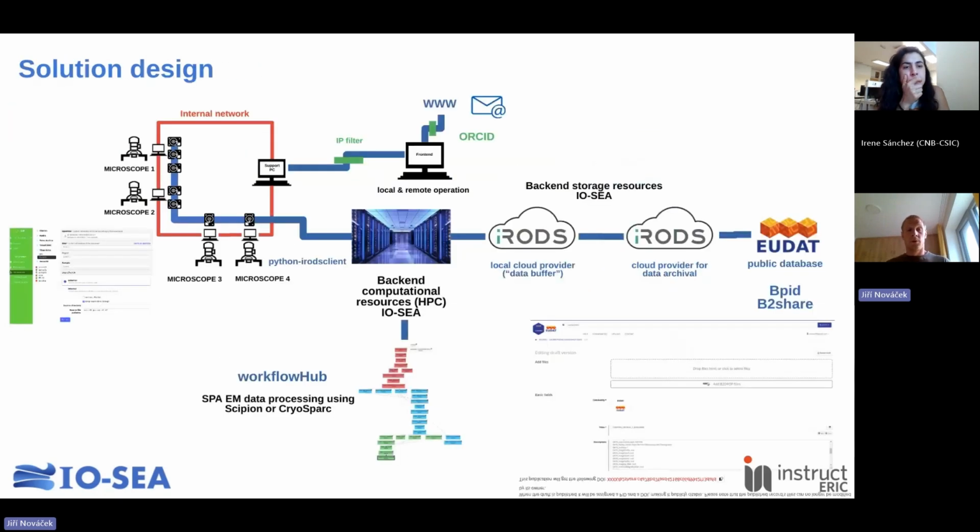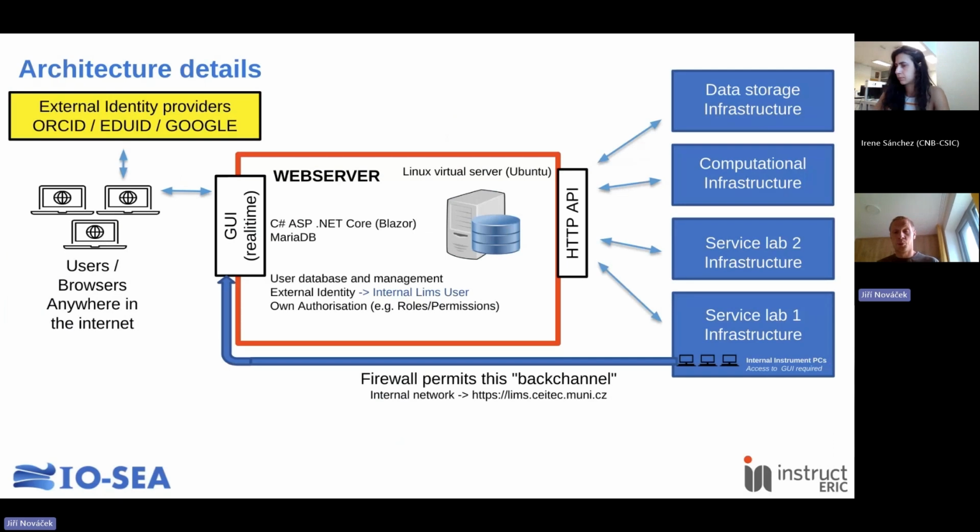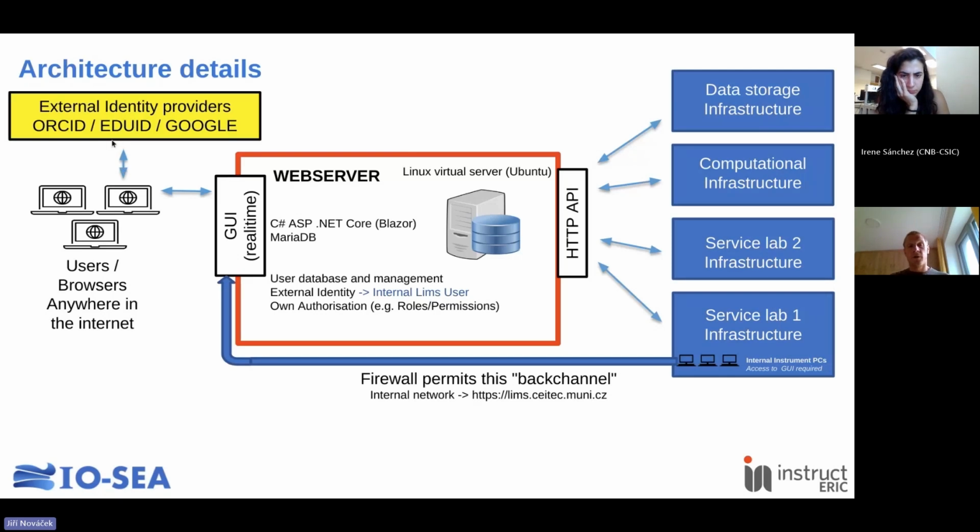So now for some details on how this works, and I will go quickly through it. As mentioned, everything is orchestrated via a single web server, to which the user identifies through a third-party identity provider. So we use either ORCID for the academic users or Google for the non-academic users.